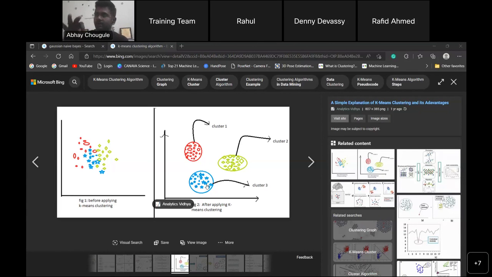Maybe it will create 20 red, 80 green, and 50 blue. Maybe, because if similar observations are few, it will create a smaller cluster, since you are setting the cluster size K equal to 3.